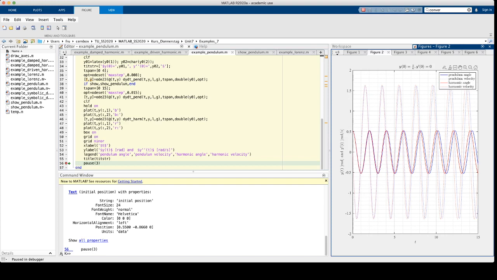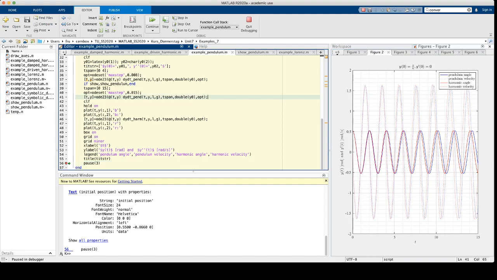Here we see again the angle and the velocity both for the pendulum and the harmonic oscillator. There is now a slightly larger difference between the pendulum and the harmonic oscillator. Let's go on.